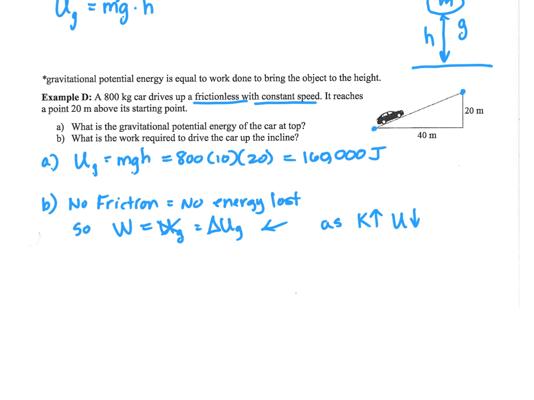Okay? So work is going to be equal to the change in potential energy. So work is going to be 160,000 joules, is going to be done to move the car up the hill. Okay?